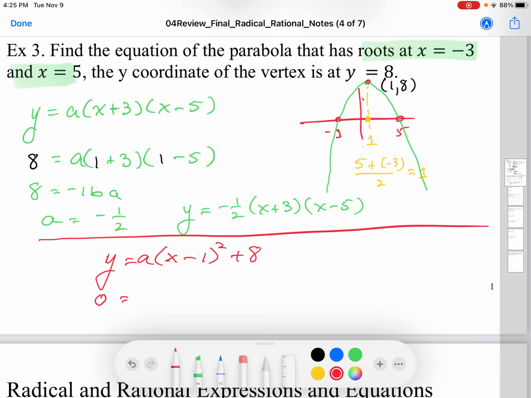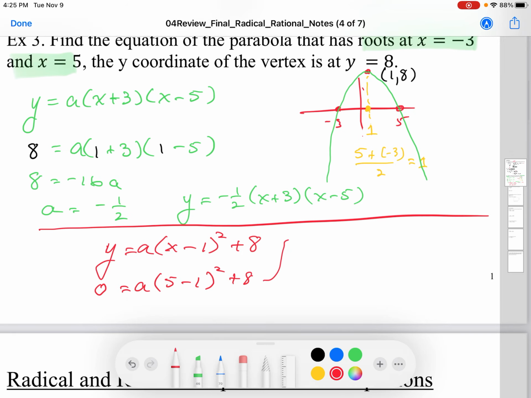So y is 0, and it doesn't matter if we use 5 or -3. I'm going to use 5 in this case, and then I can calculate my a value. So I'm going to subtract 8 from both sides, and I get a times 4 squared, which is 16, and again I get a is -1/2.